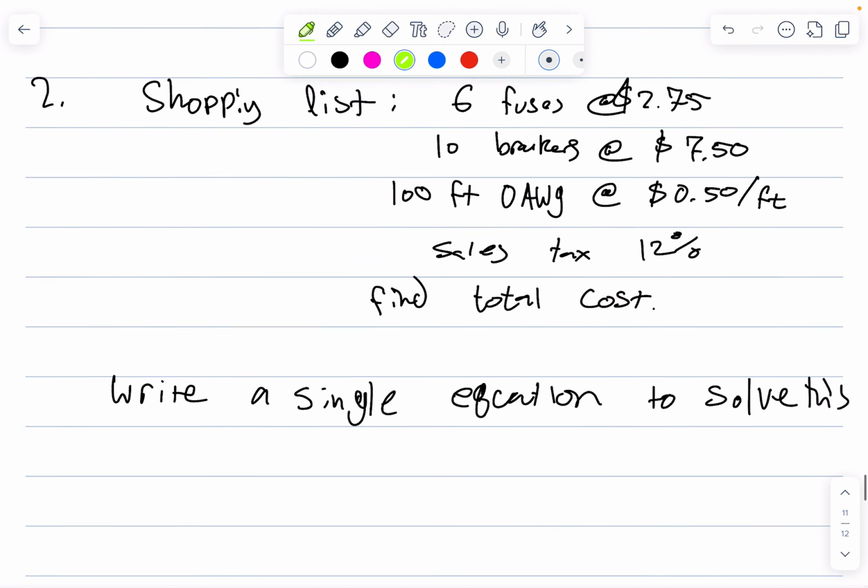Okay, second one. Shopping list. 6 cheeses, 10 breads, 100 feet at 50 cents, and sales tax at 12%. Find total cost. So this is what I wanted you to do for this one. I said write a single equation to solve this.